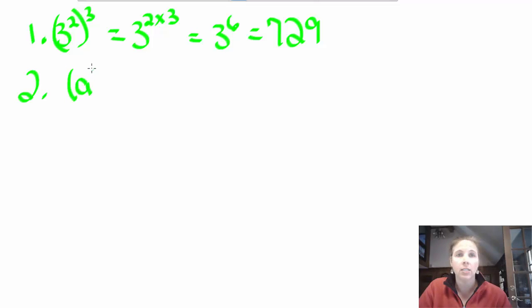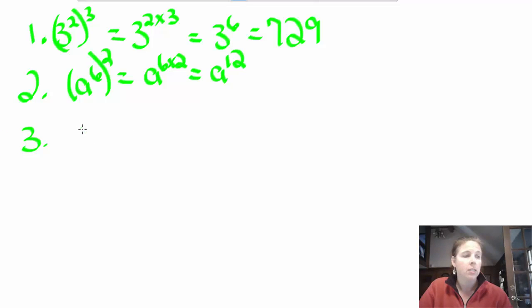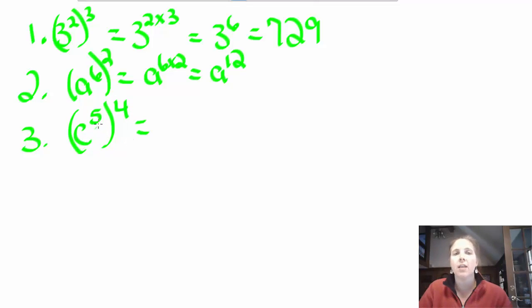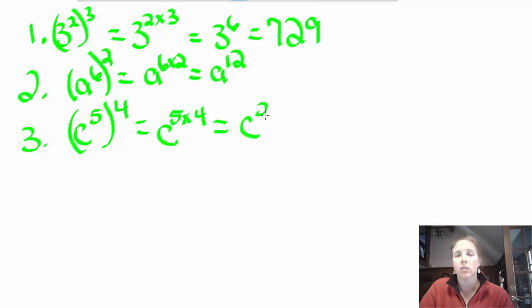So a to the 6th squared would just be a to the 6 times 2, which is a to the 12th, and you're done with that problem. c to the 5th to the 4th, so this is c to the 5th, all taken to the 4th, so it'd be c to the 5 times 4, which is c to the 20th.